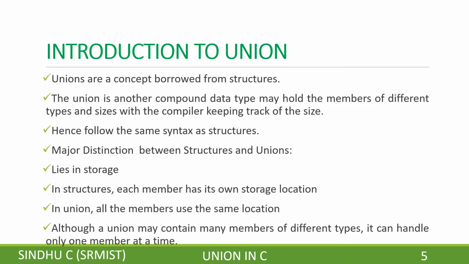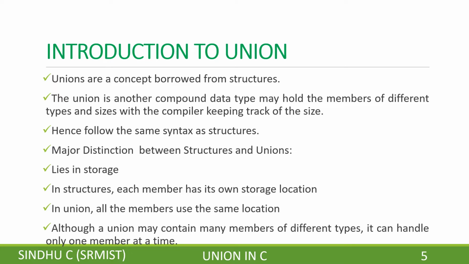Introduction to union. Unions are concepts borrowed from structures. They are very similar, unions and structures. Union is another compound data type which may hold the members of different types and sizes, and the compiler keeps track of the size. Hence, we follow the same syntax as structures. The major difference between the structures and unions lies in storage.